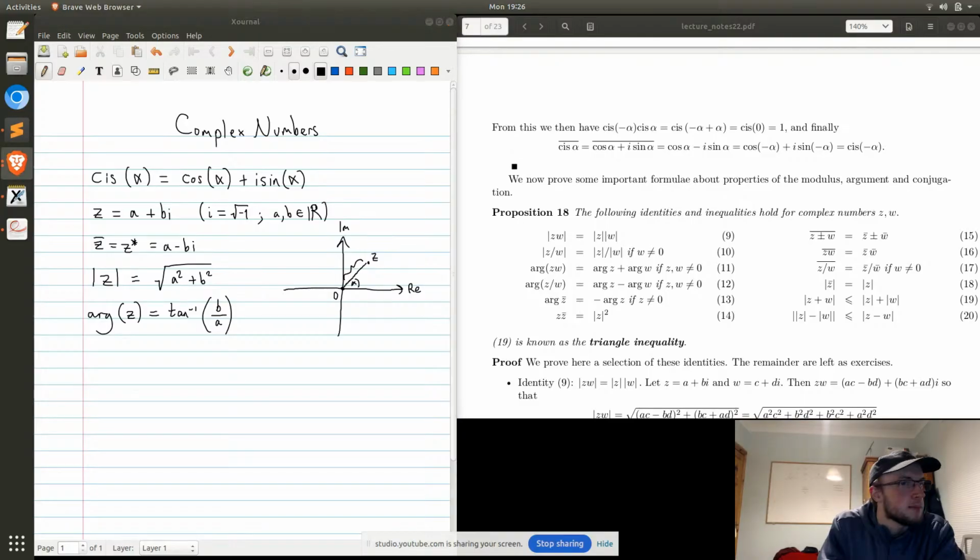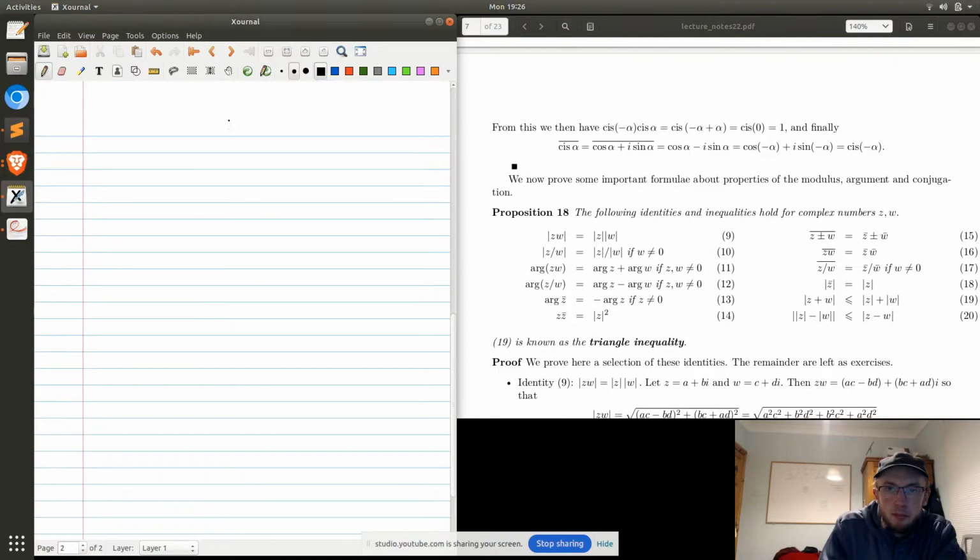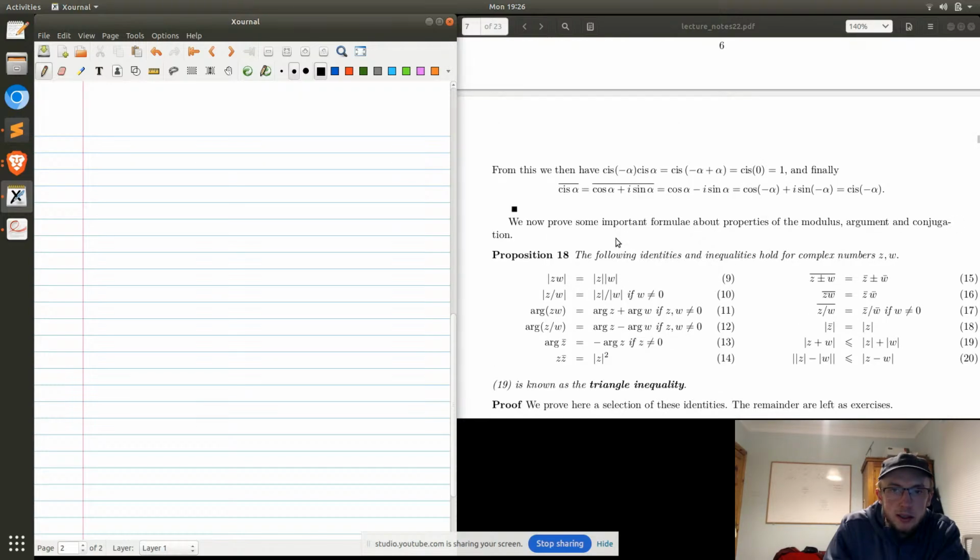Okay, so with that minor review, now we have to look at proposition 18, which is a collection of 12 mini propositions. All right, so what does it say here? It says that the modulus of a product is the product of moduli of these complex numbers.